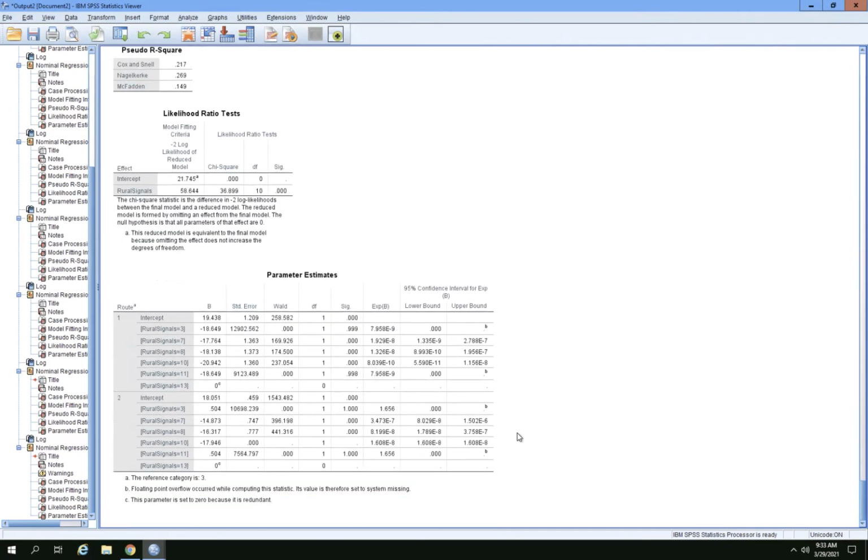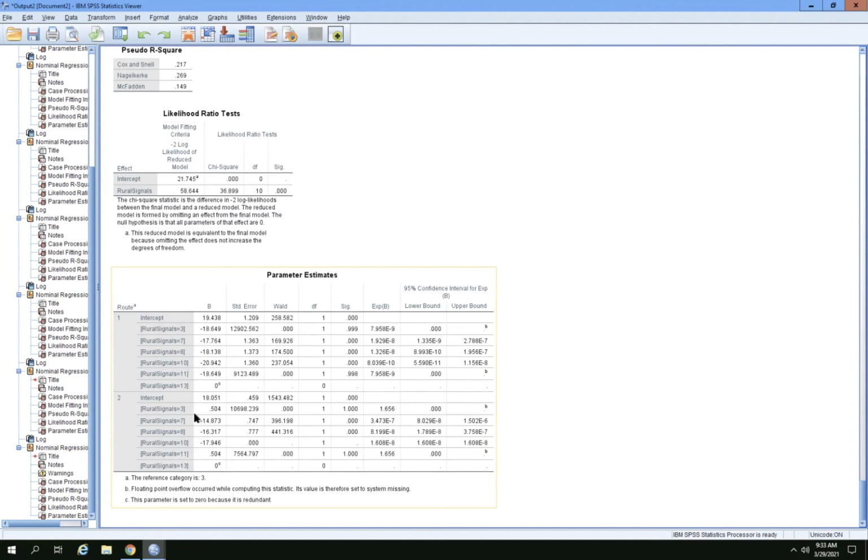And so when you scroll down to the results here, rather than treating signals as a continuous variable, it's just basically estimating a series of binaries. So it looks like among the 151 individuals in that sample, there were 6 different scenarios they could run into in terms of the number of signals along that rural route.